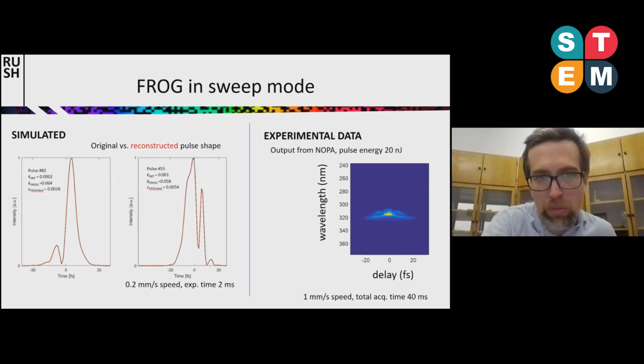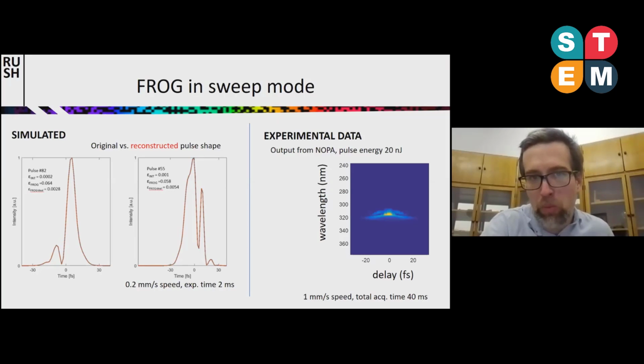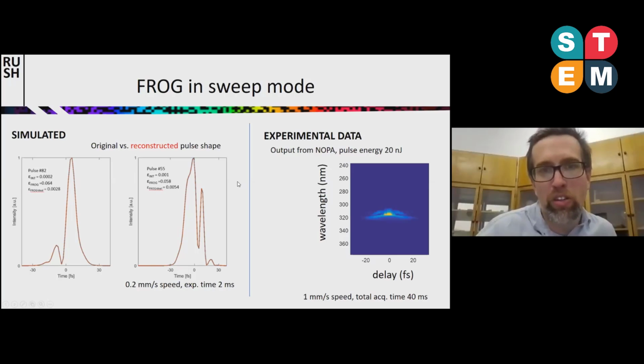When we did our simulations and tried to speed up the measurement, as you can see here, you get very nice agreement between the simulated and the reconstructed pulse. So in fact, it seems that sweep mode is not causing any trouble in this case.